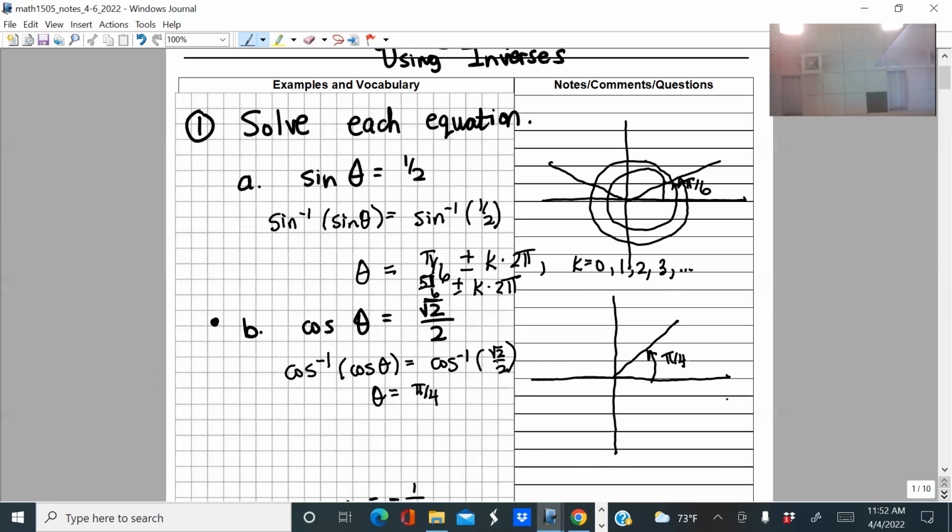That's a solution between 0 and 2 pi, because cosine of pi over 4 is square root of 2 over 2. Now, how do you generate new solutions from this basic solution? Add or subtract multiples of 2 pi. So pi over 4 plus 2 pi gives you another solution. Pi over 4 plus 4 pi, pi over 4 plus 6 pi, or you can also subtract: pi over 4 minus 2 pi, pi over 4 minus 4 pi, etc. You get all of these thousands of solutions, but they all have this pattern.